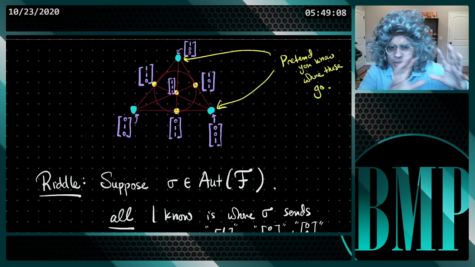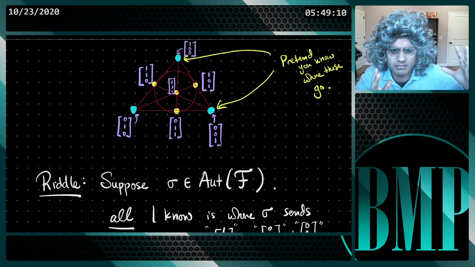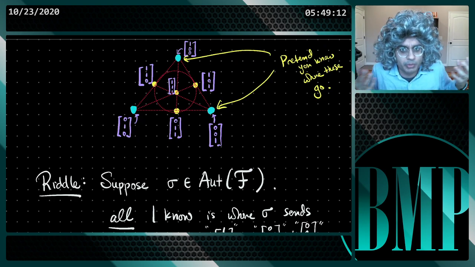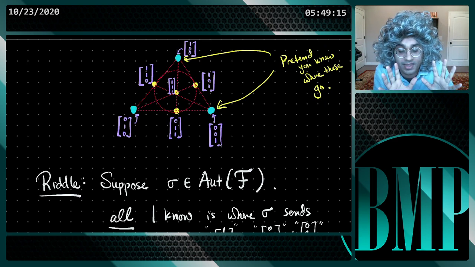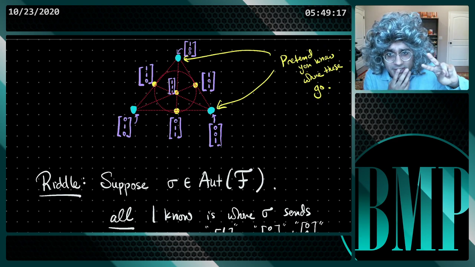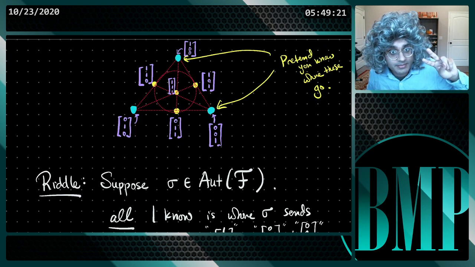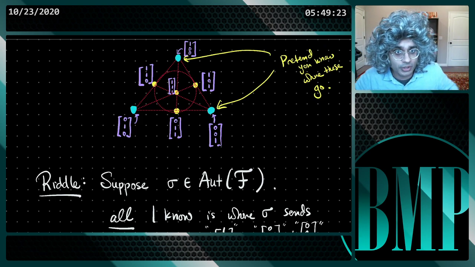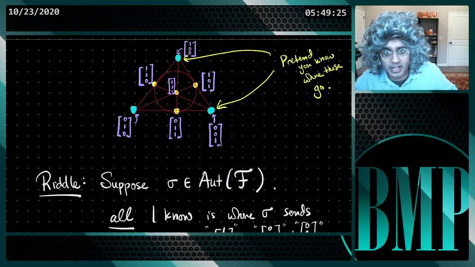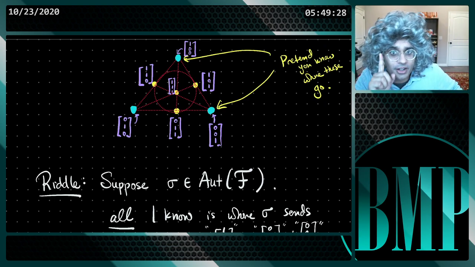Oh, they went to some 2 dots somewhere. I don't know where they went. We're pretending we know. Those 2 dots lie on a unique line. Just look at the Fano plane, take any 2 dots. They will lie on a unique line.